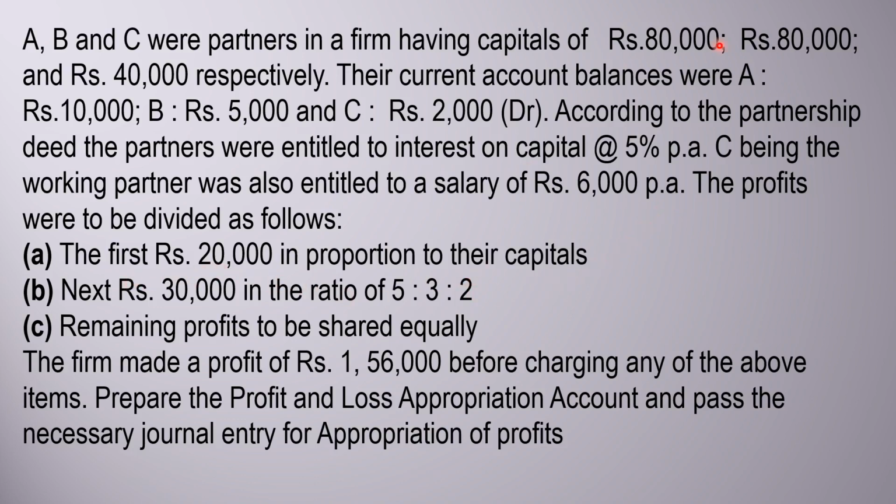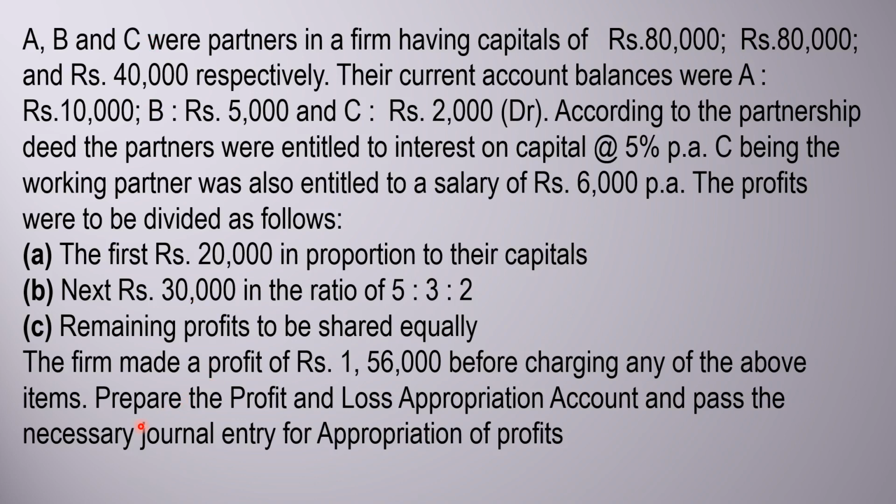First 20,000 on the capital ratio, that is 2:2:1. Remaining 30,000 in the ratio 5:3:2. So 20 plus 30, 50 is gone out of the divisible profit. If the divisible profit was 1,40,000, the remaining 90,000 is divided equally. So among three partners, it is 30,000 each.